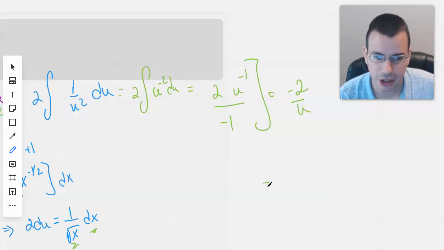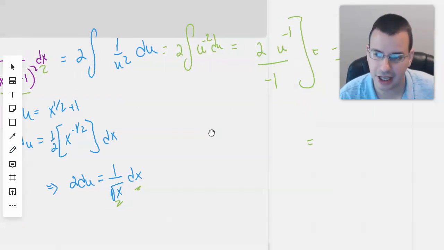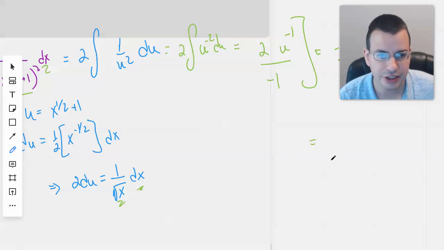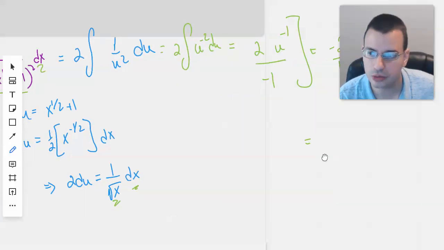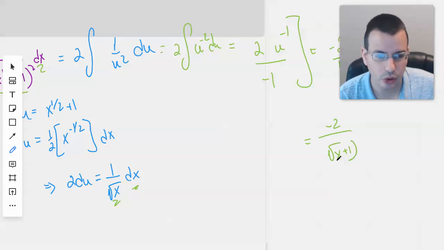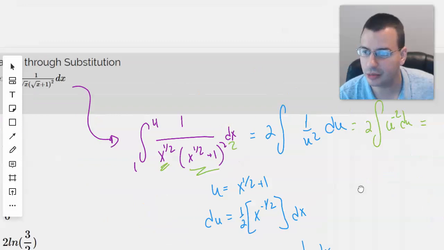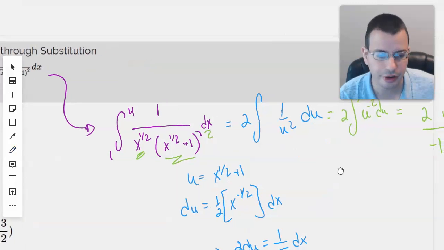Then we substitute back in x, so it'd be negative 2 over square root of x plus 1, and this is evaluated from 1 to 4.